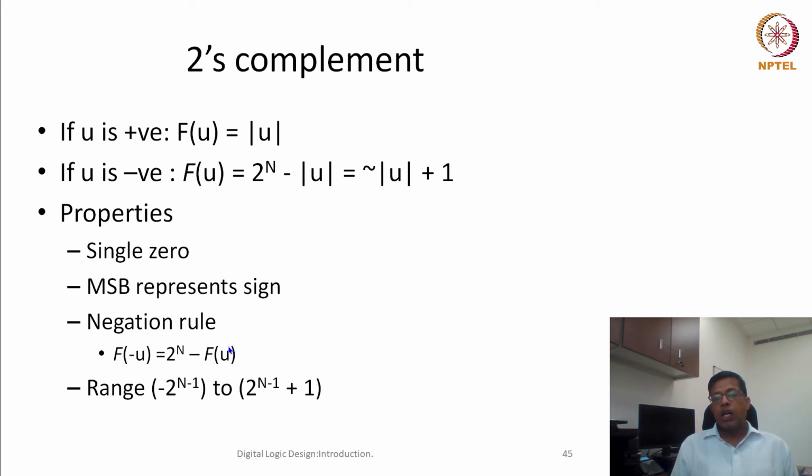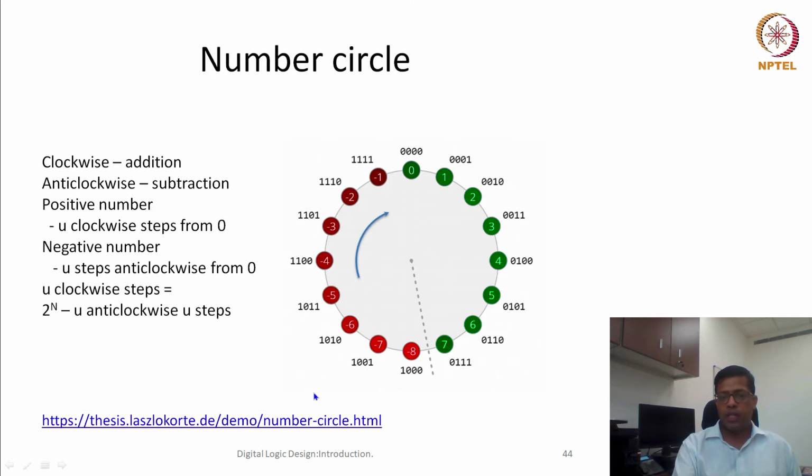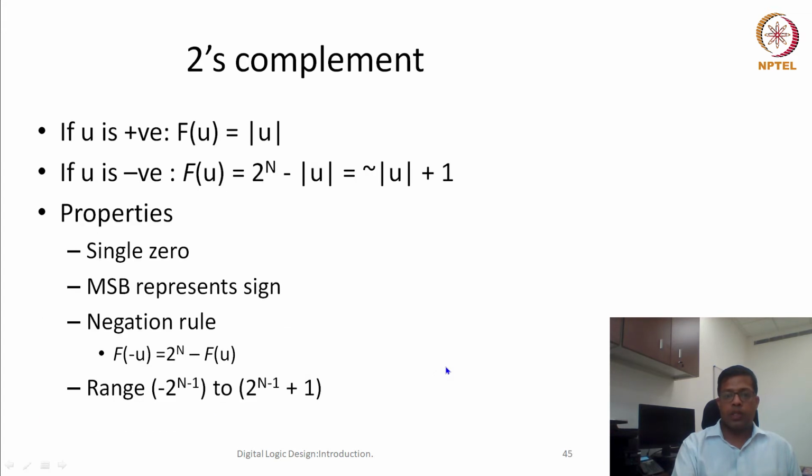Okay. The other thing is that the range of the number would be minus 2 to the power n minus 1 to 2 to the power n minus 1 plus 1. I think there is a mistake here. So yeah, this should have been a minus sign here, not a positive sign.